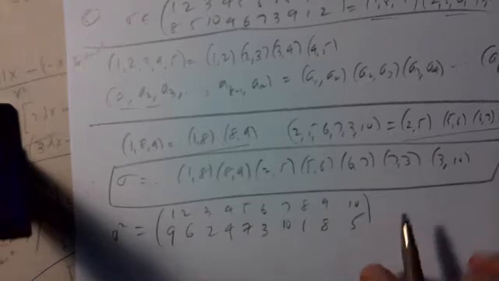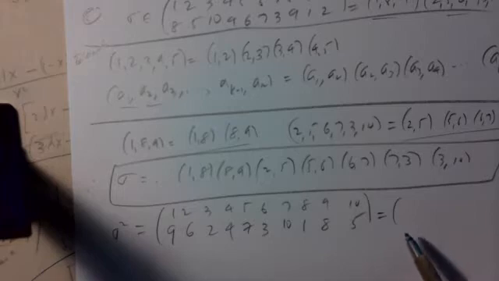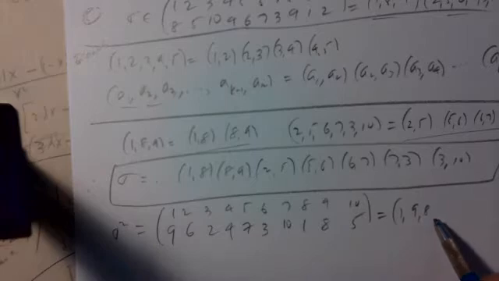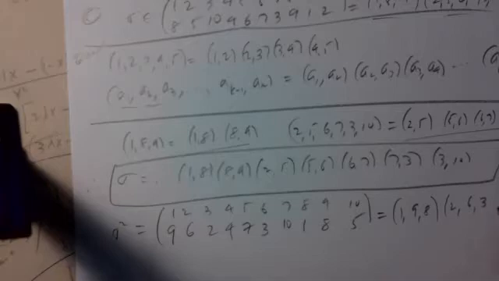And if you write this as a product of disjoint cycles, 1 goes to 9, goes to 8, goes to 1. 2 goes to 6, goes to 3, goes to 2.